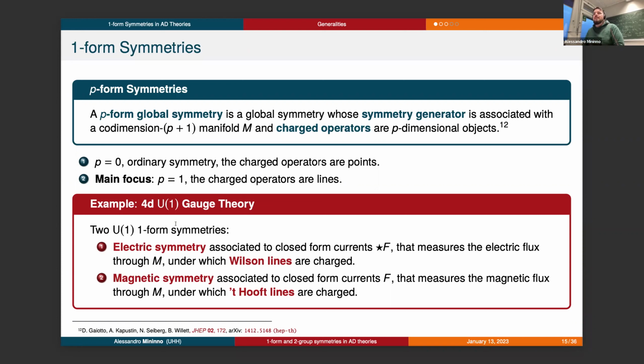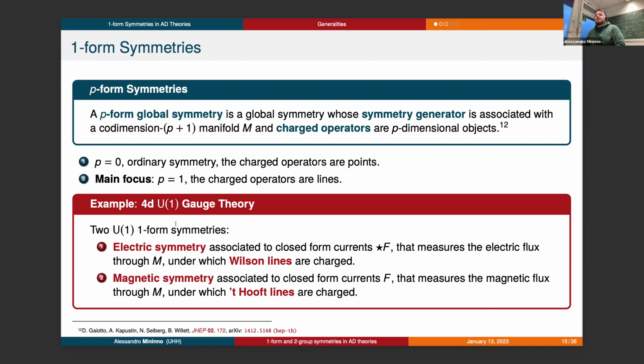They could seem very strange, but actually an abelian gauge theory, N=1 U(1) theory, has two U(1) one-form symmetries. One is the electric one, associated to closed-form currents given by the Hodge star of F. And this electric symmetry is measuring the electric flux through M. And the objects that are charged under this are Wilson lines.